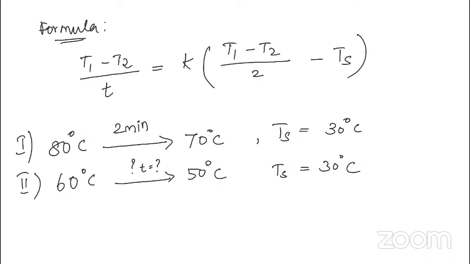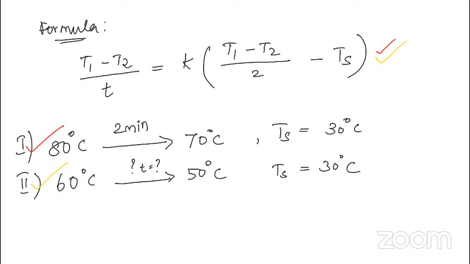First, you have to solve this one using this formula. Then, the second time, you take the second condition and apply the formula. We get two equations. From those equations you solve, and finally we find the time taken.